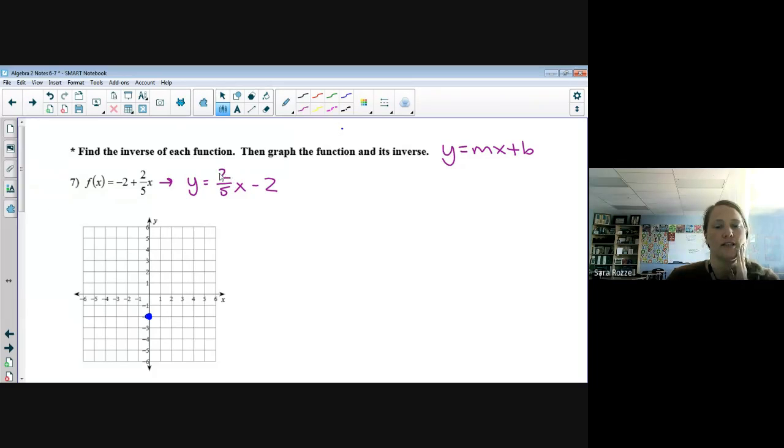So remember, this is up and to the right. So up 2 and to the right 5. And that is our original graph. We're going to do the inverse in a second, and we'll see if they actually go across. You know how we said that line there, we could fold it and they would be reflexive about that line. We'll double check that.